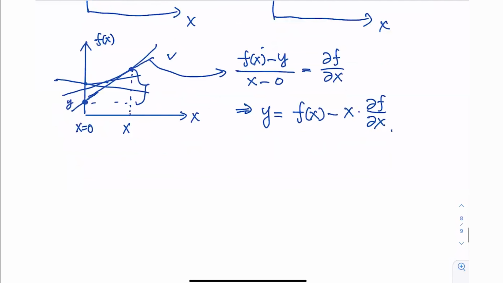So the only difference is that you need to add this additional term.